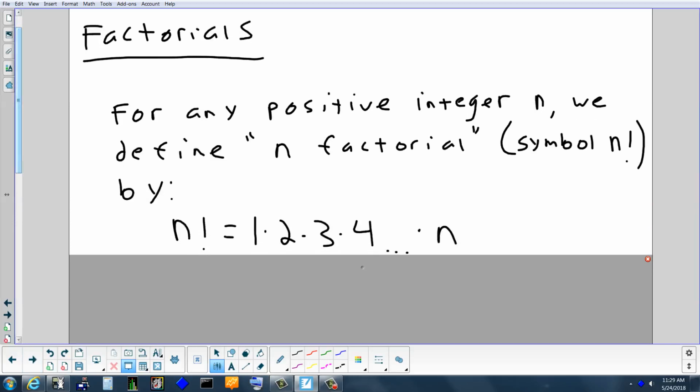So basically, what this means is that if you want to know what n factorial is, it's the product of every number from 1 up to n. So if n was 10, multiply every number from 1 to 10: 1 times 2 times 3 times 4, all the way up to 10.